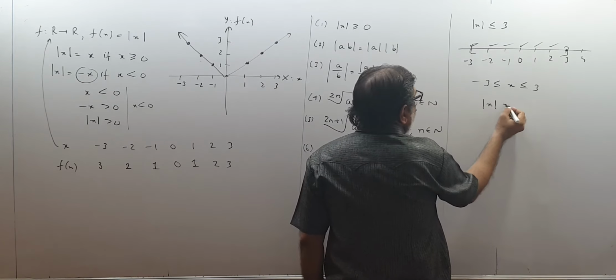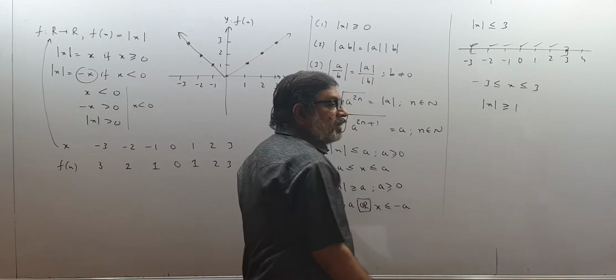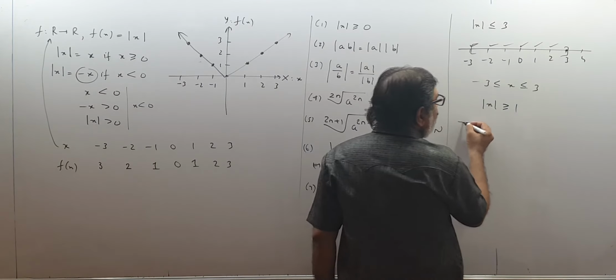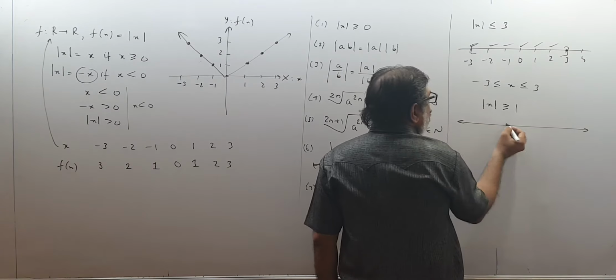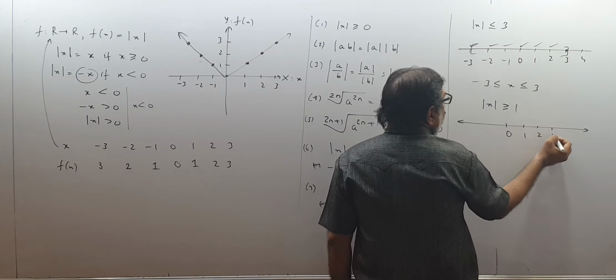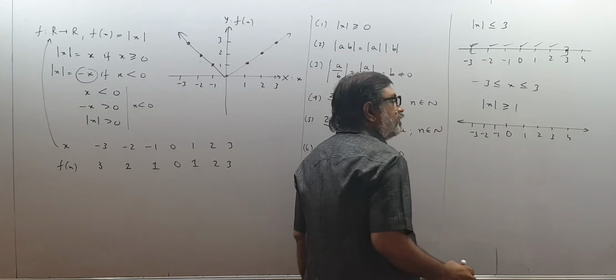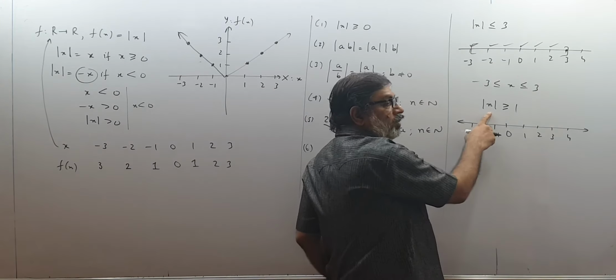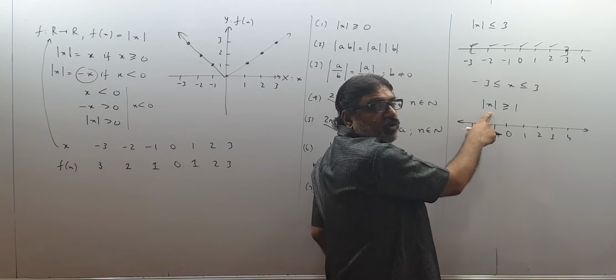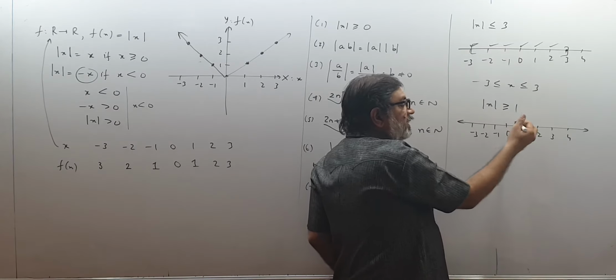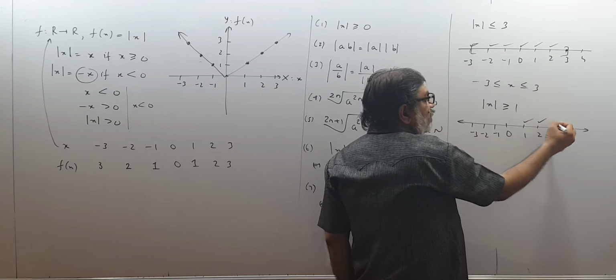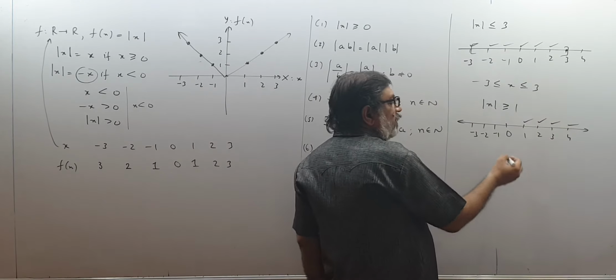Supposing I am having mod x greater than equal to 1. So I have to think what values x can take, if its mod needs to be more than 1 or equal to 1. This is minus 1, minus 2, minus 3. Can x be 0? No. Mod of 0 will be 0, not greater than 1. Can it be 1? Yes. Can it be 2? Yes. 3, 4.